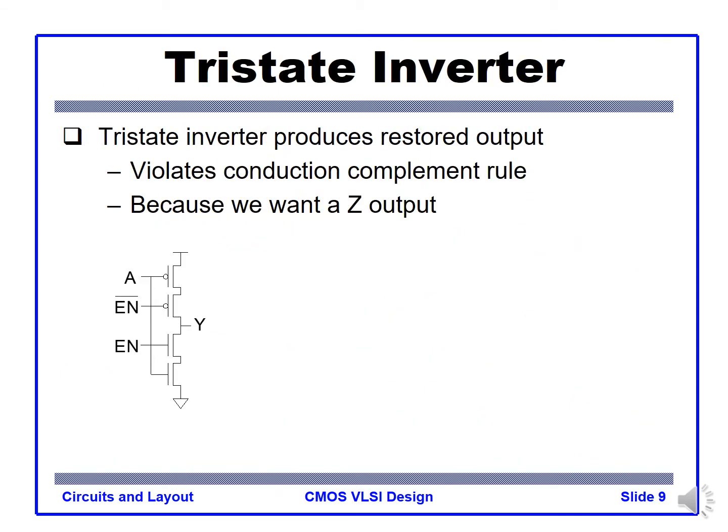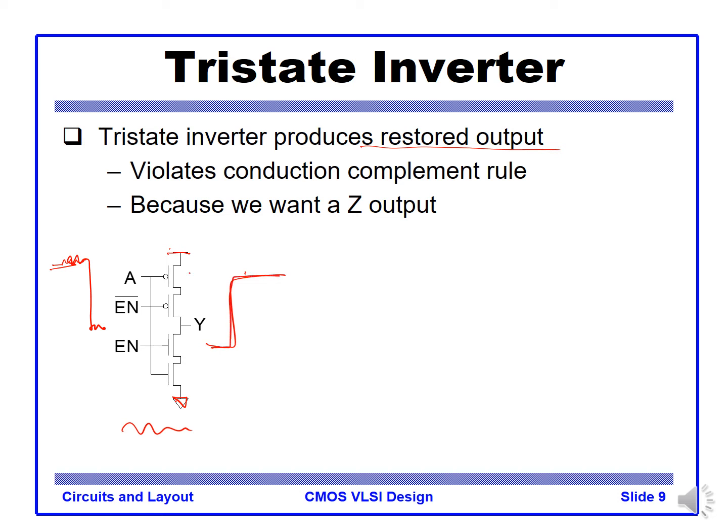So this kind of buffer restores the output, because any noise on the input will not pass. It ignores the polarity of the input. This inverts the input, but uses the supply and ground to restore the signal level.